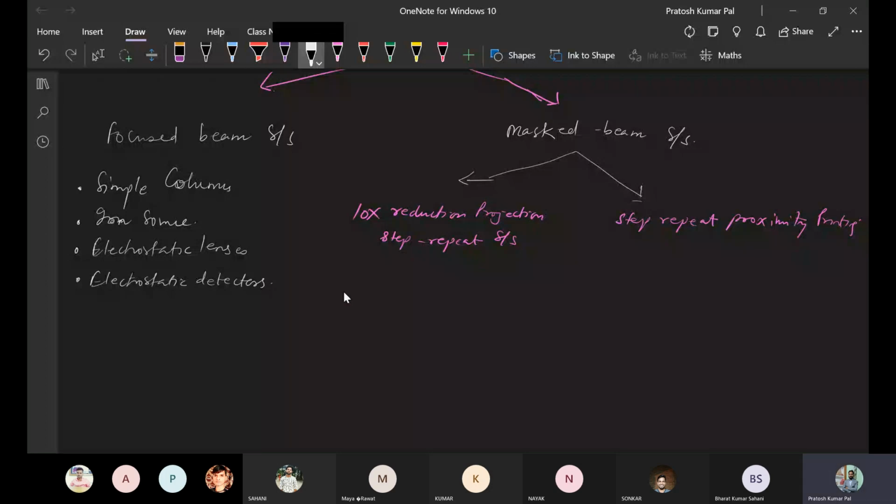Okay, and the accuracy in this case will be plus minus 0.05 micrometer.